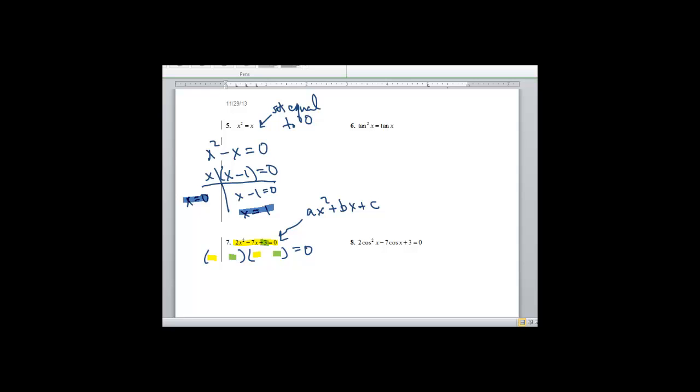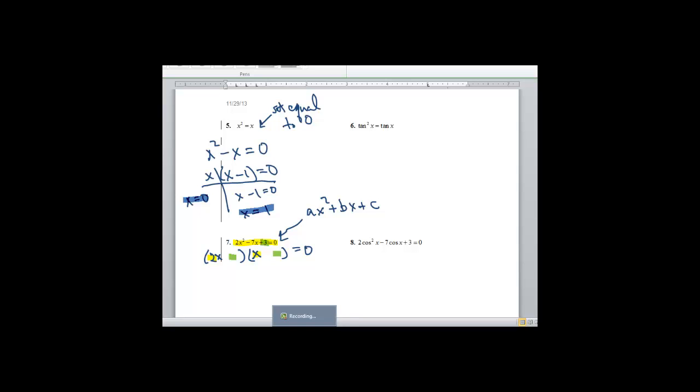Well, there's only one possibility. 2x times x. Those are the only two things that are going to multiply to 2x squared. And then what are two terms that'll multiply to positive 3? Well, either positive 3 and positive 1, or negative 3 and negative 1.